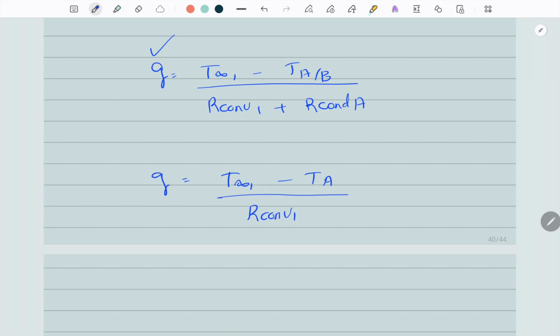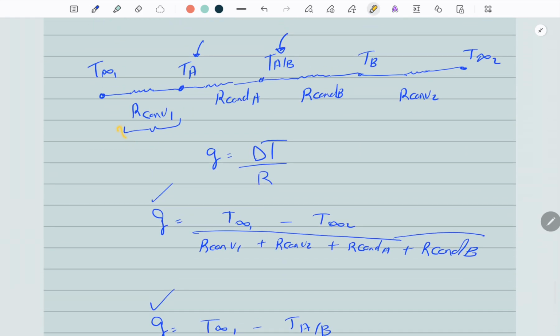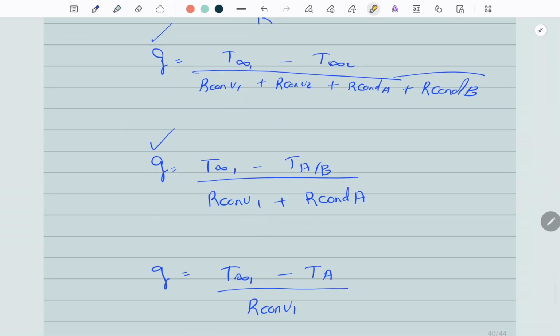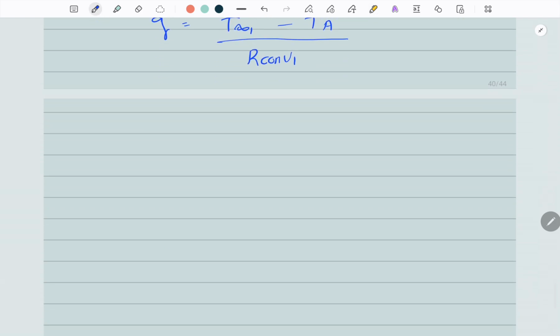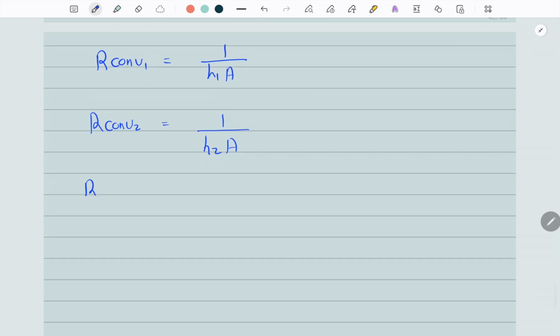Now, in order to find these resistances here, you'll basically say that, I should have gone through this earlier, R convection 1 equals 1 over H1 times A. R convection 2 equals 1 over H2 times A. R conduction A equals LA over KA times the area.